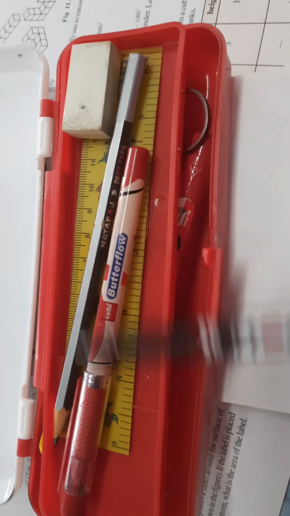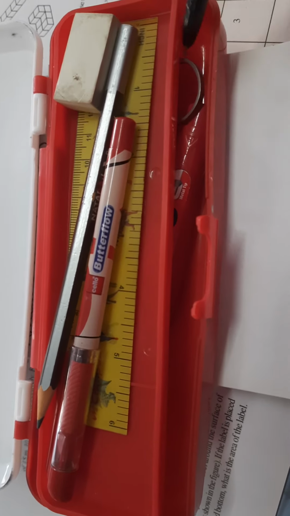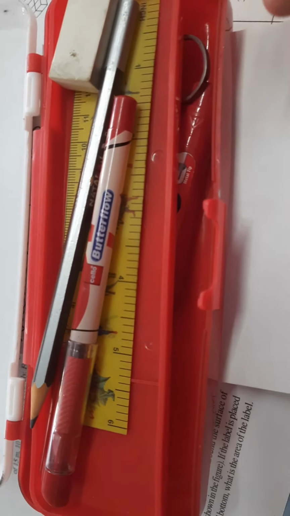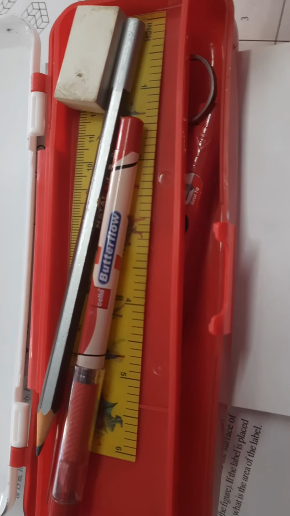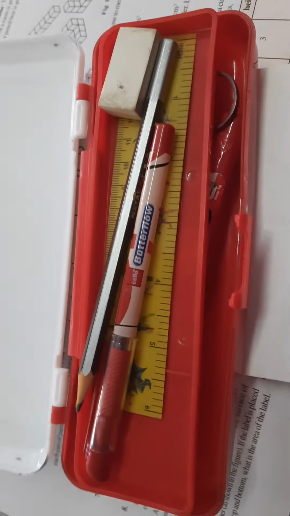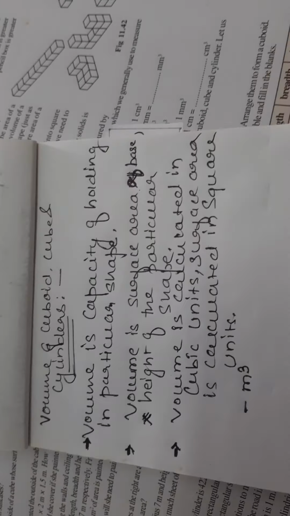If you open the pencil box, you can see the space covered by it, the capacity of holding something in it. We can fill sand, we can fill pen, pencil, as I have done, we can fill water inside. So the capacity of holding something, or the space covered by that particular shape, is called the volume of a 3D shape.